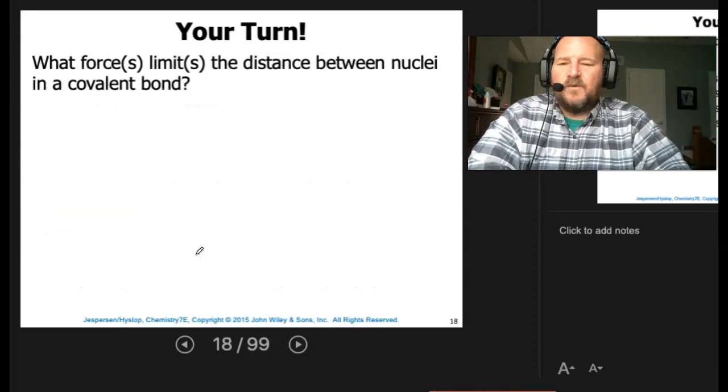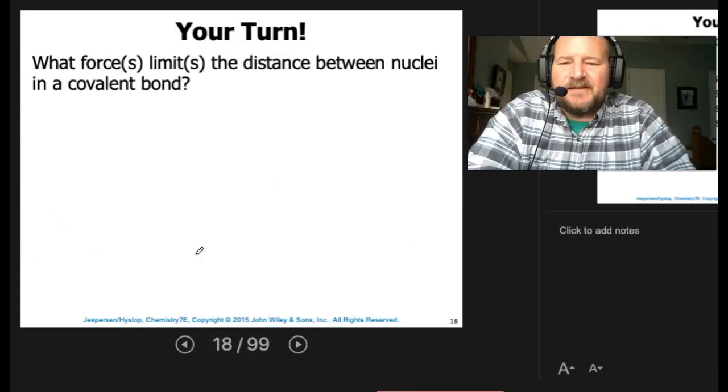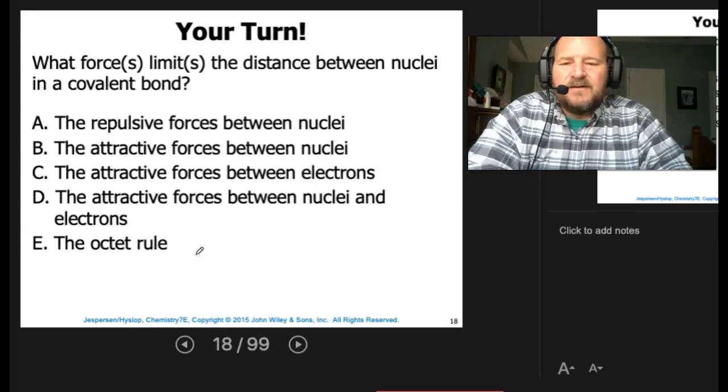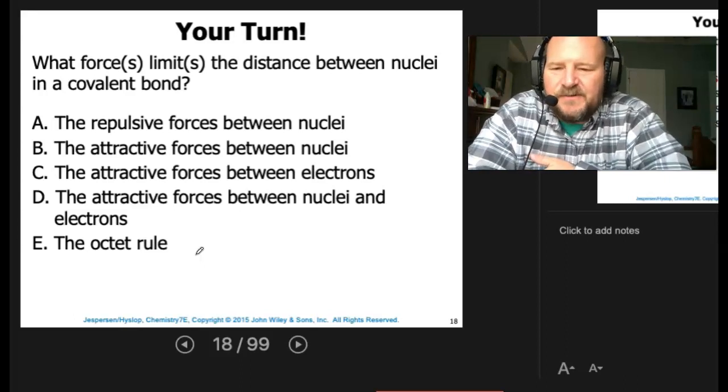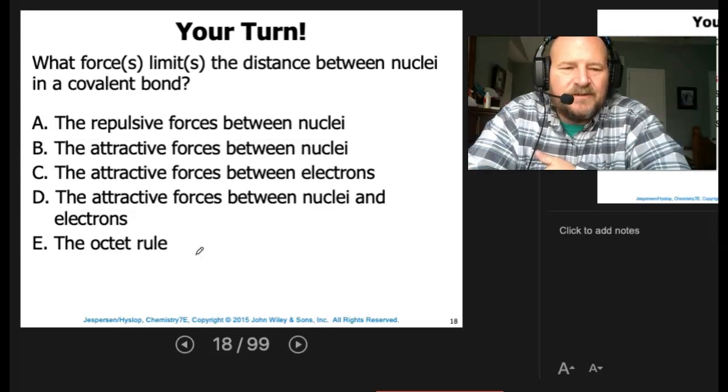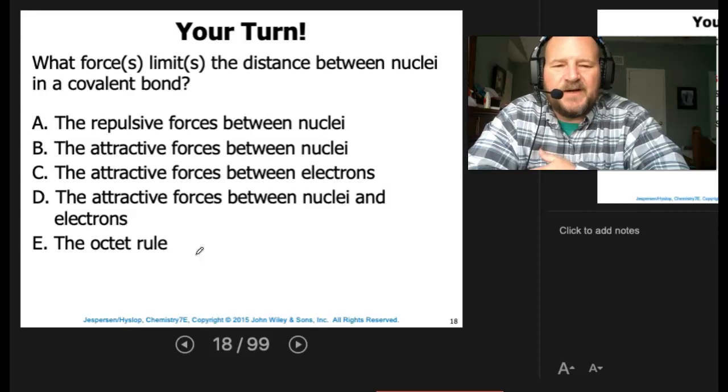All right, what forces limit the distance between nuclei in a covalent bond? The repulsive forces between nuclei, the attractive forces between nuclei, the attractive forces between electrons, the attractive forces between nuclei and electrons, the octet rule. All right, so what force or forces limit the distance between nuclei in a covalent bond?